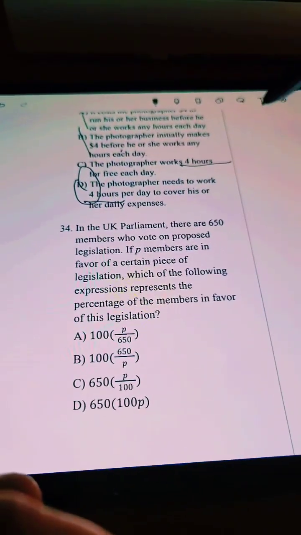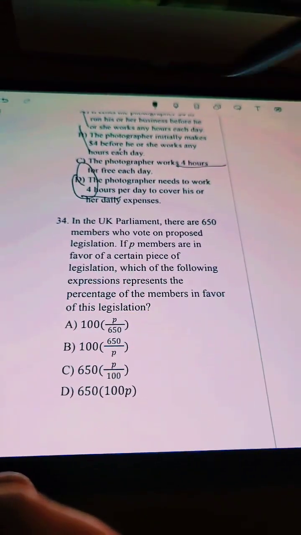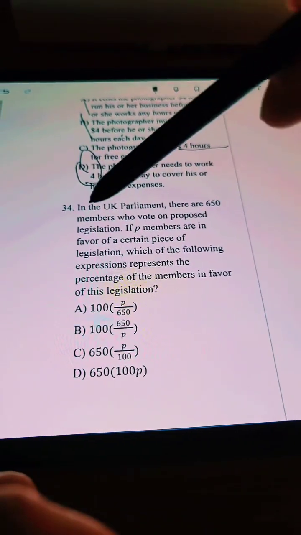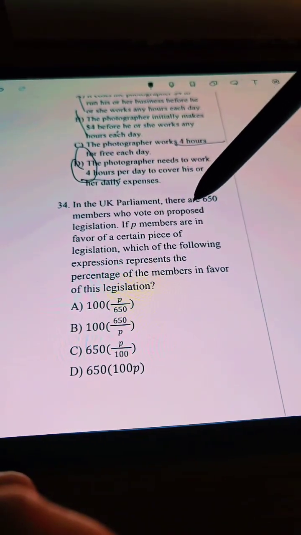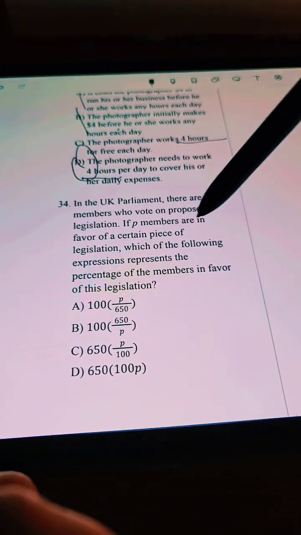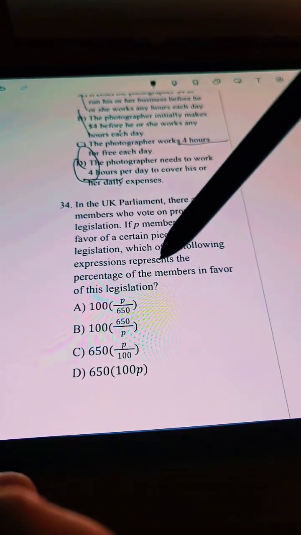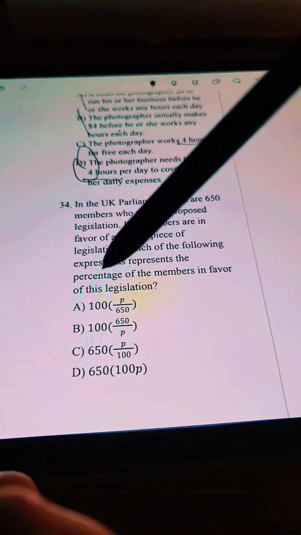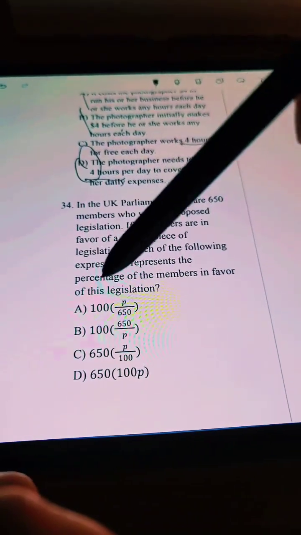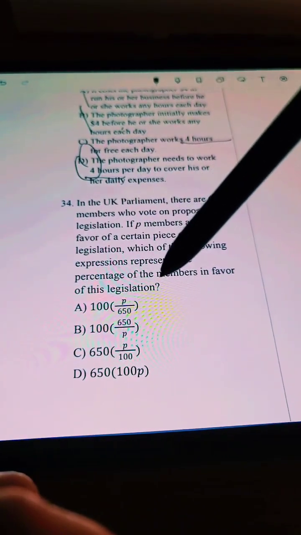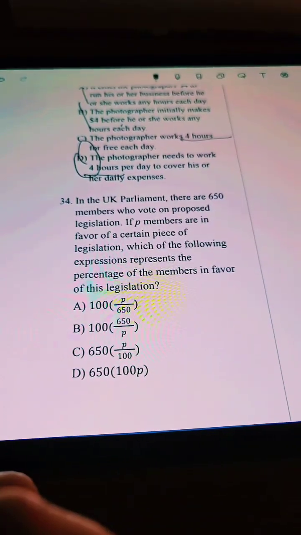Okay, so let's go to 34. In the UK Parliament, there are 650 members who vote on proposed legislation. If P members are in favor of a certain piece of legislation, which of the following expressions represents the percentage of the members in favor of this legislation?